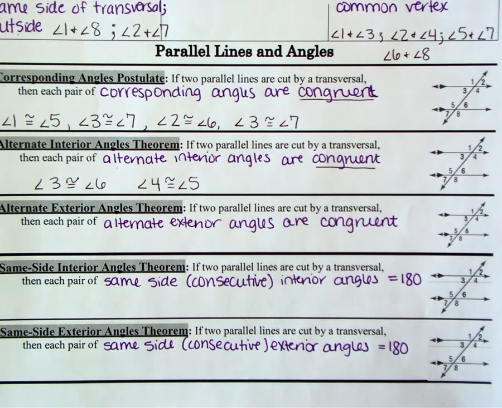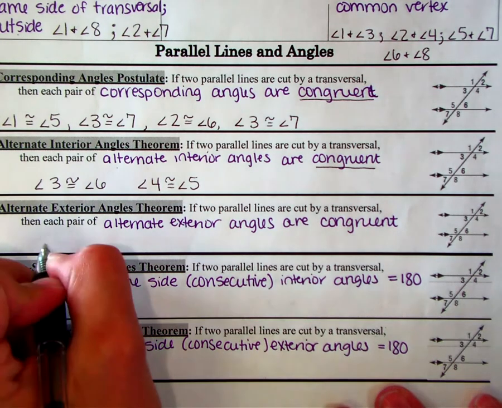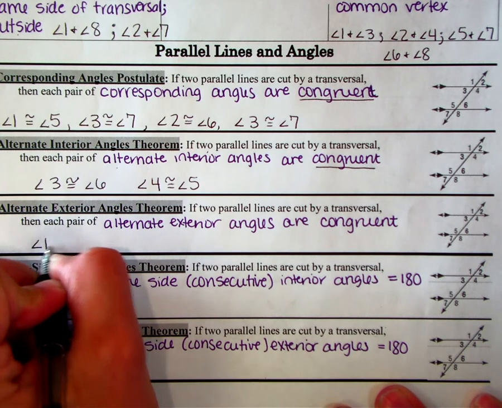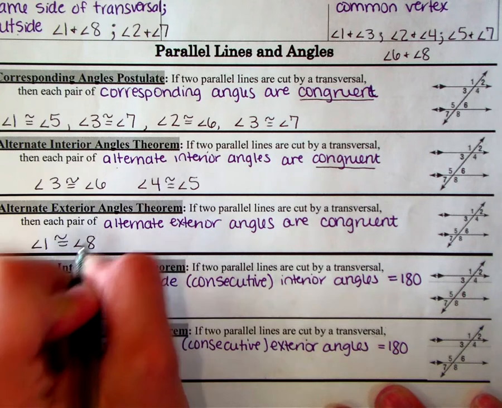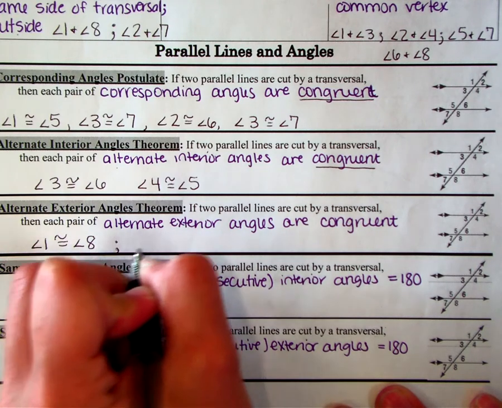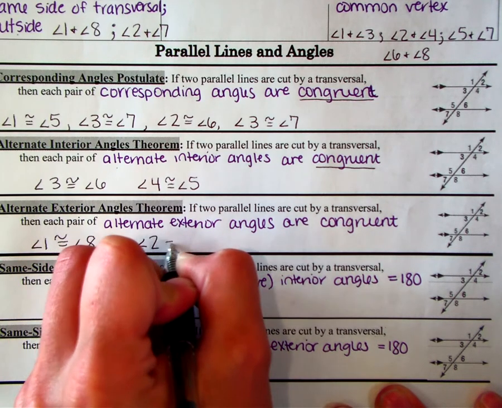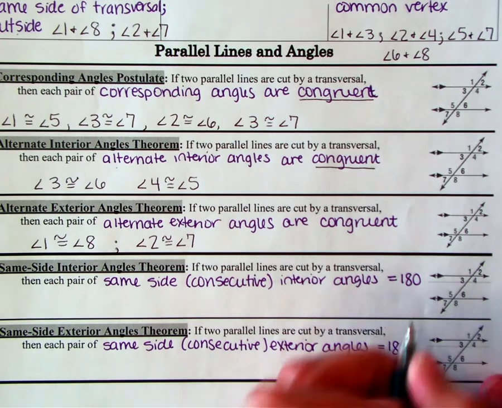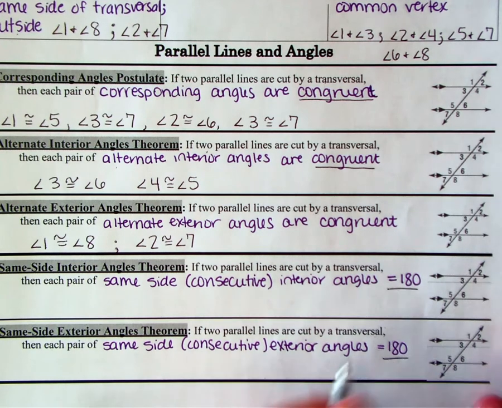Alternate exterior angles, if they are formed by parallel lines being cut by a transversal, have the same relationship as alternate interior angles. So we would say angle 1 is congruent to angle 8, and angle 2 is congruent to angle 7. Same side interior and same side exterior are supplementary, or they equal 180.